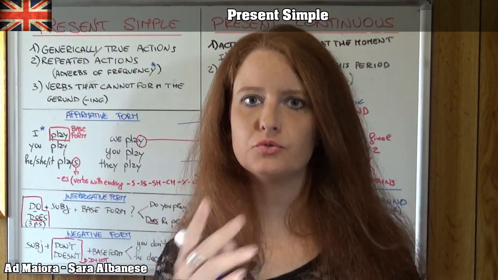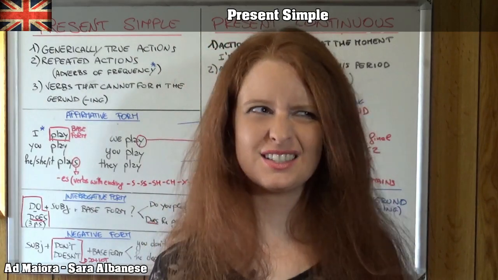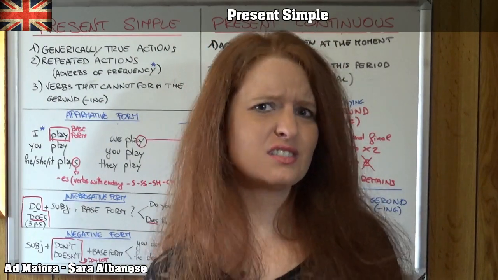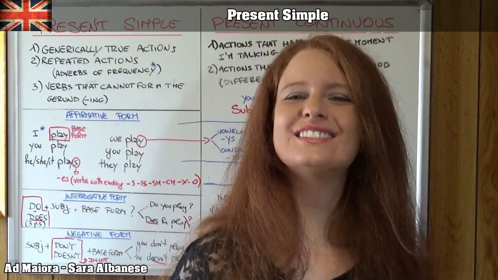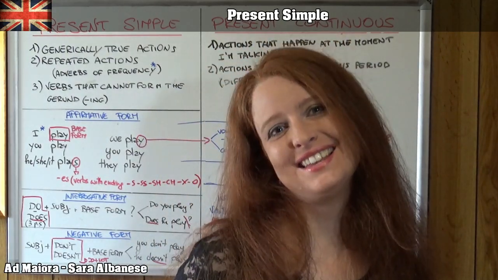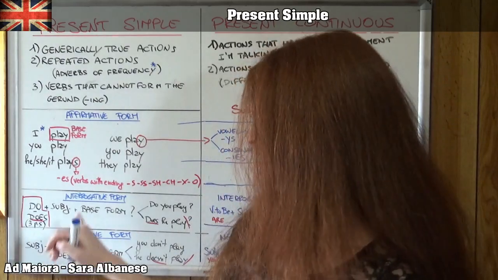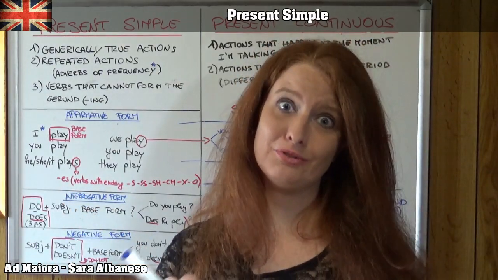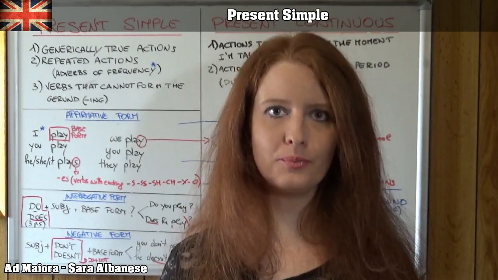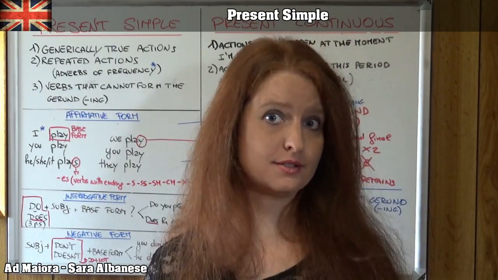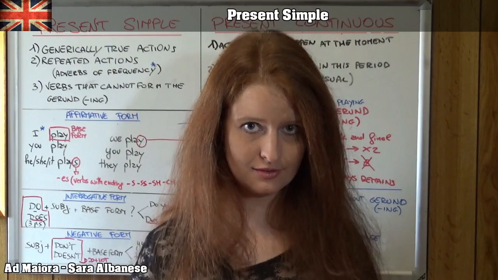Double s, for example, dress, to dress. I can say she dresses. I can't put three s's, so I have to say she dresses. This e I put before the s is necessary for me to pronounce that s. It wouldn't be possible otherwise.